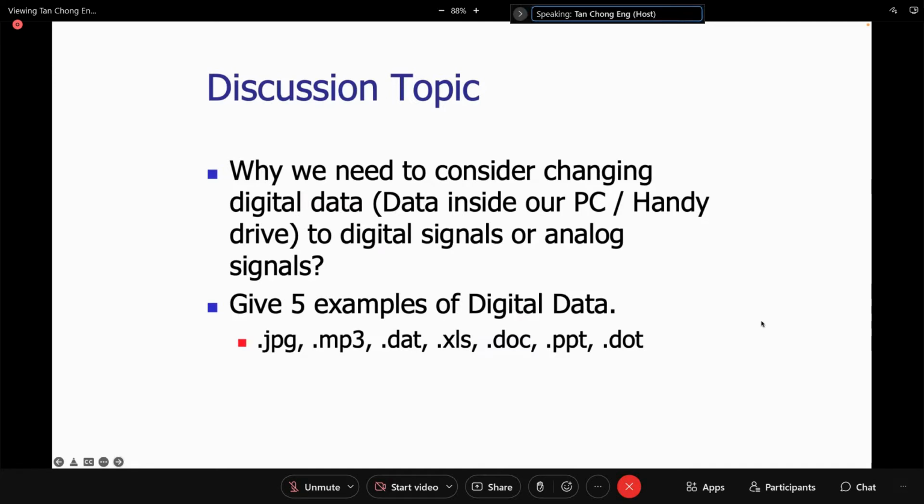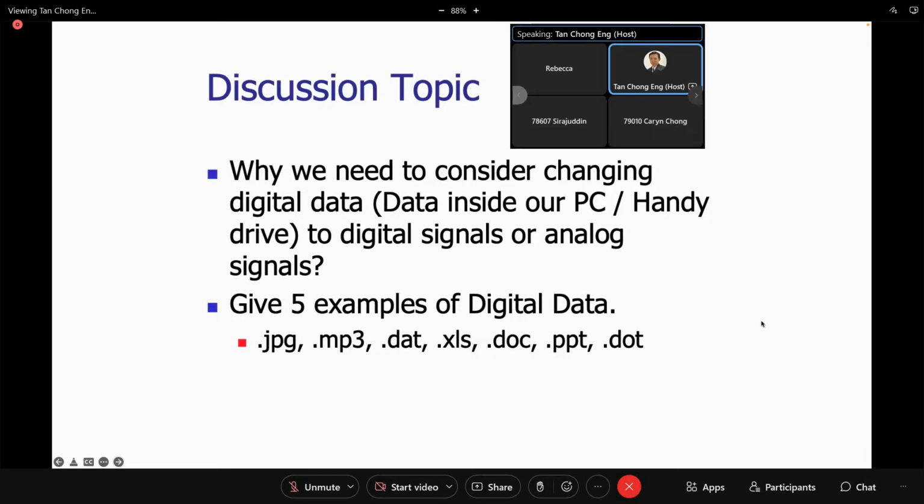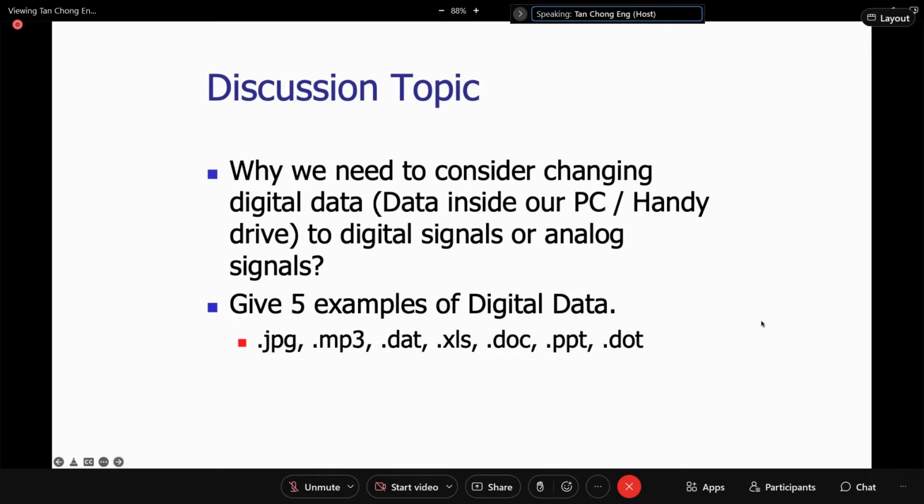But if you want to transmit your data over a longer distance, which is over a computer network, then you have to put your digital signal onto an analog signal so that it can travel a long distance. You can use that analog signal as a transport for your digital signal. So you have to combine them.